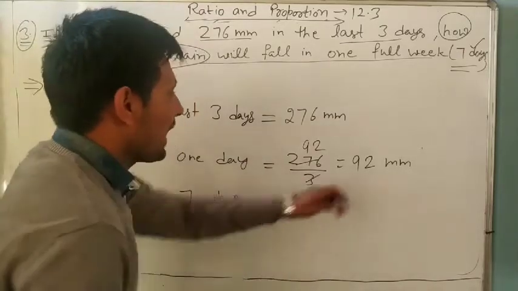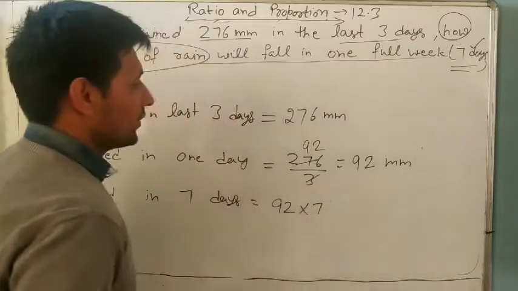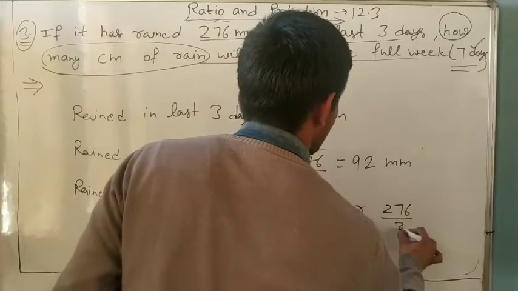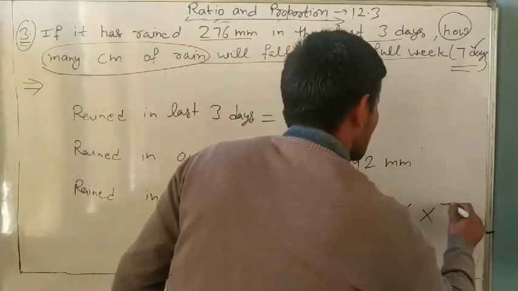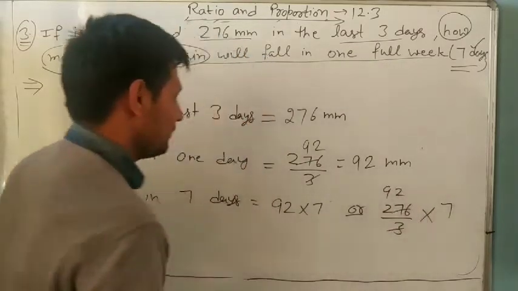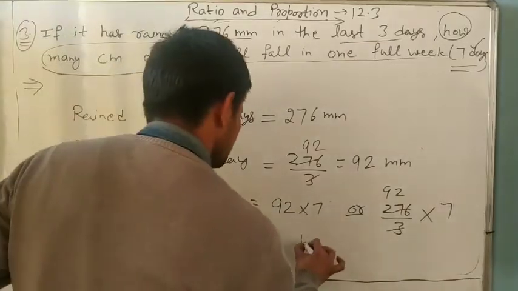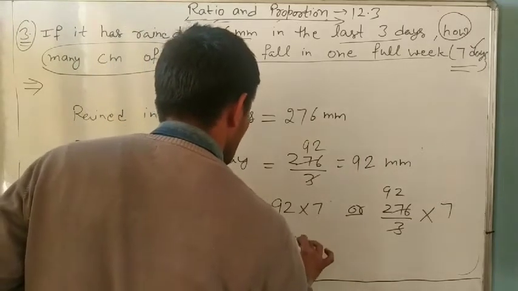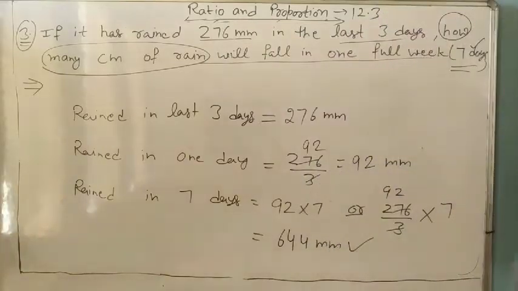So either you can write 92 multiplied by 7, or you can write 276 divided by 3 multiplied by 7. Both are the same, because if we cut 3 again, 92 comes, same as it is. So 7 into 2 is 14. 9 into 7 is 63. 63 plus 1 is 64. So it is the rain in 1 week.